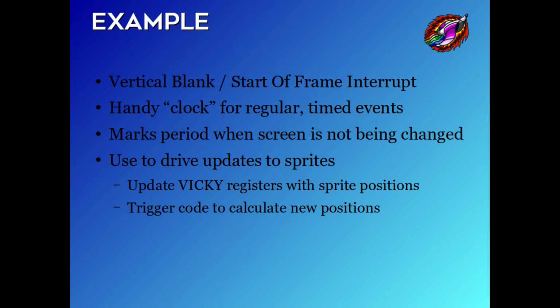When it gets to the bottom, it needs to go back up to the top, and that takes a certain amount of time. So they turn off the beam and reset the voltages or the magnetic fields that are steering the beam to go up to the top. There's a certain amount of time that takes before they turn the beam back on again. This is called the vertical blank period.